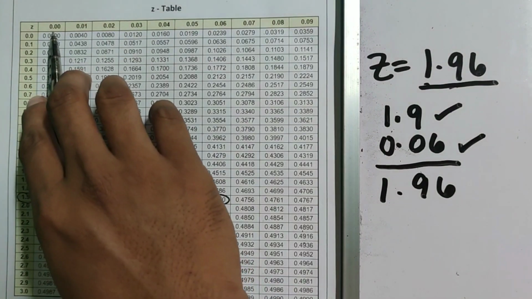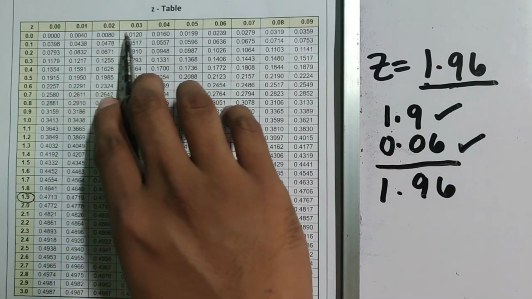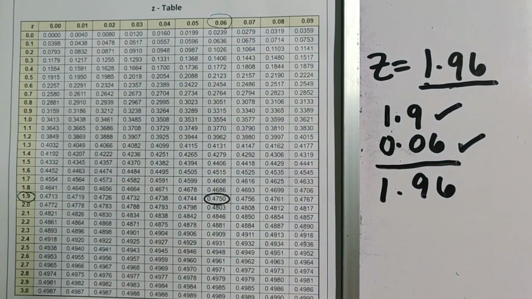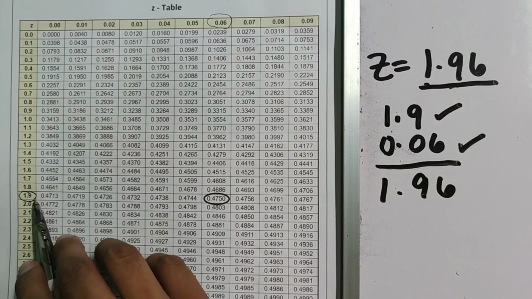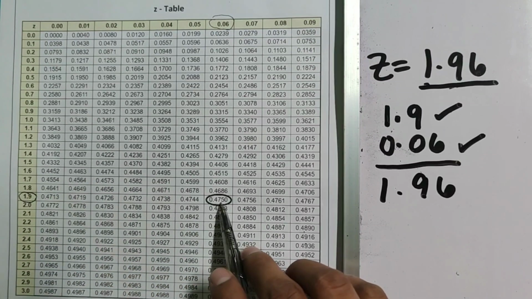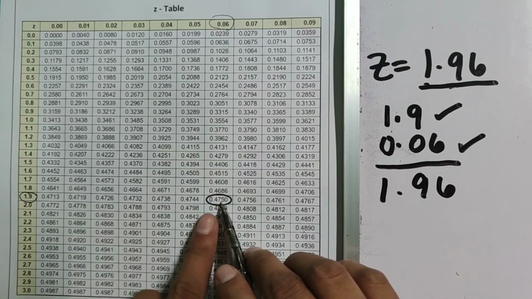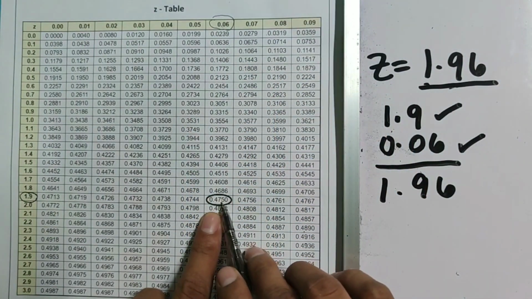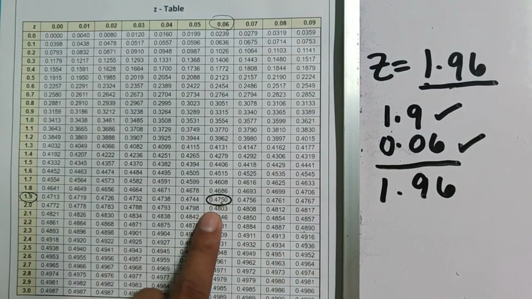So 0.06 at the top, hanapin natin 0.06 here. And we are going to match it now with 1.9. Connect natin kay 1.9, locate natin kay 0.06. So, this is our area.